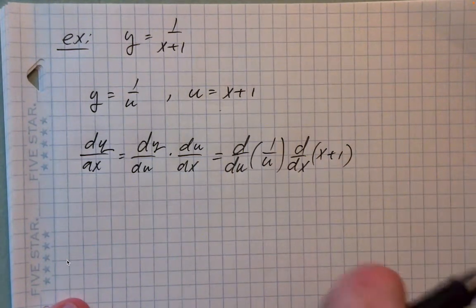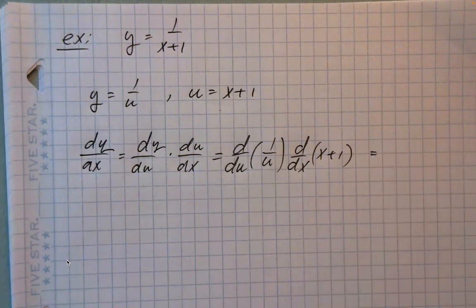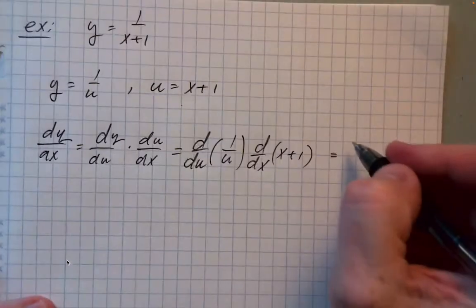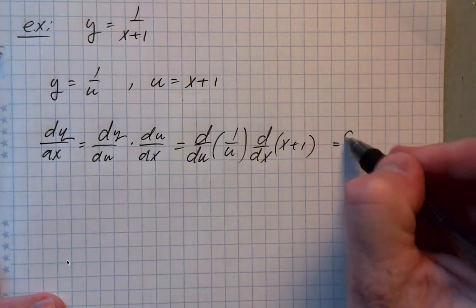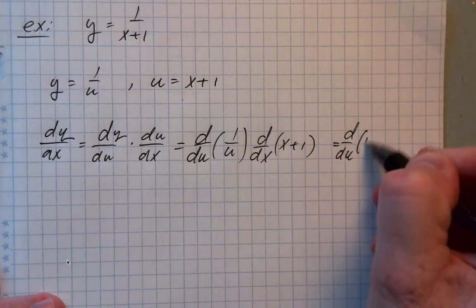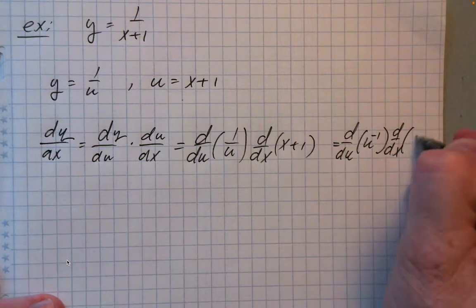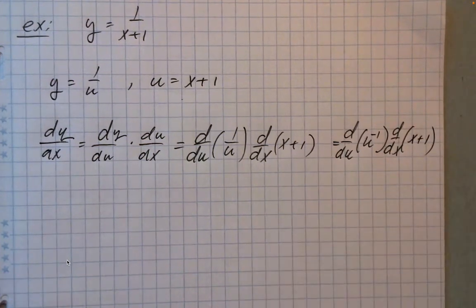Okay, so how do we differentiate these two? So the 1 over u, right? What's the 1 over u become? Well, you might want to do one more step just to have this in a nice clean form, especially if you're kind of a beginner, right? It's sometimes easier if you have it in a very explicit form.